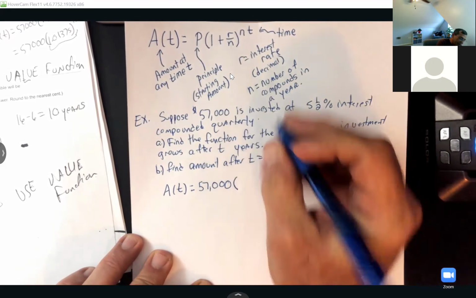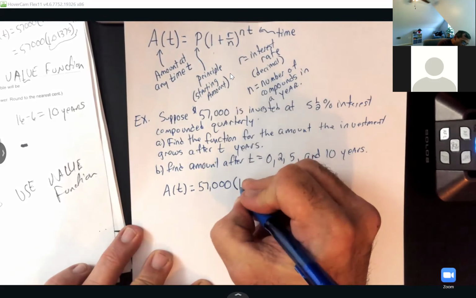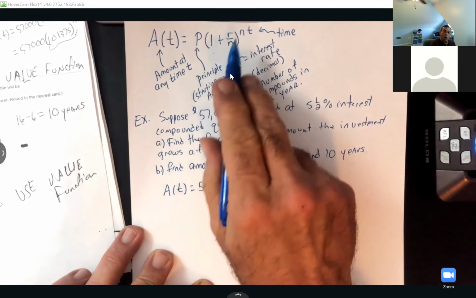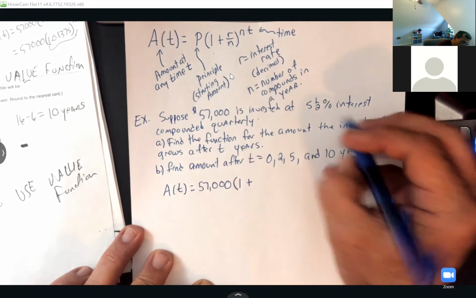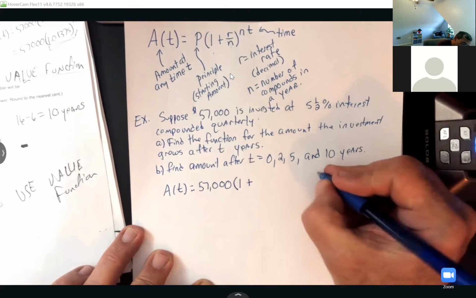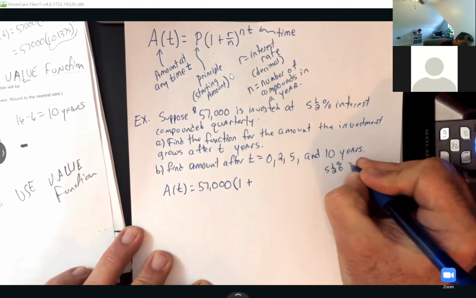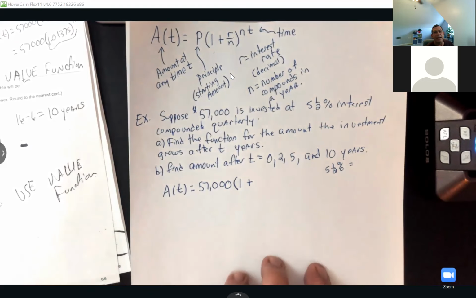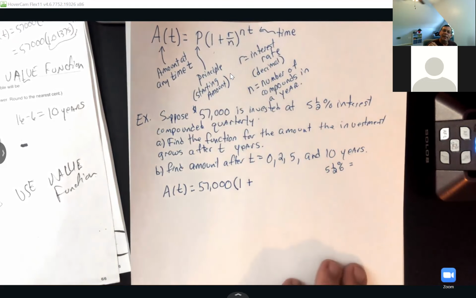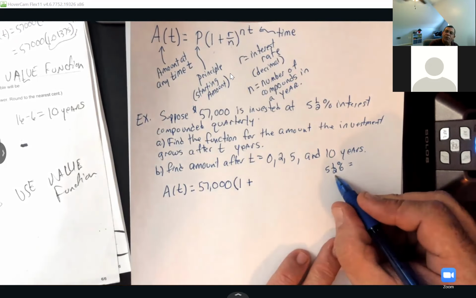Then we got our parentheses. 1 plus R. R, remember, was 5.5%. I need to turn that into a decimal without the percents.